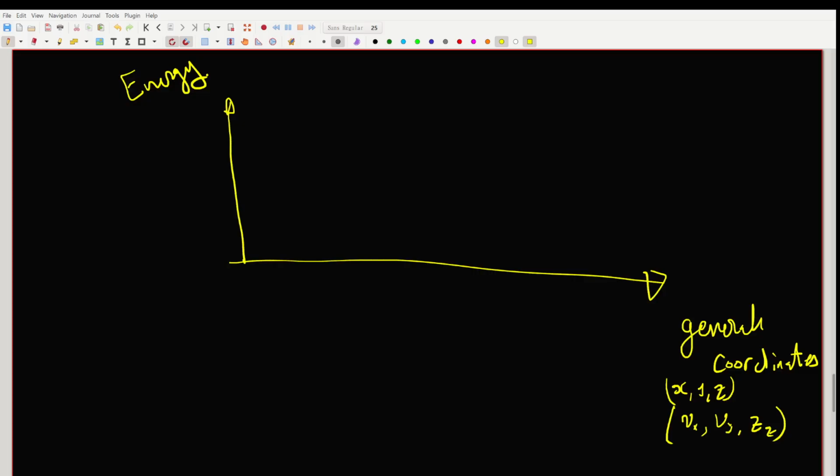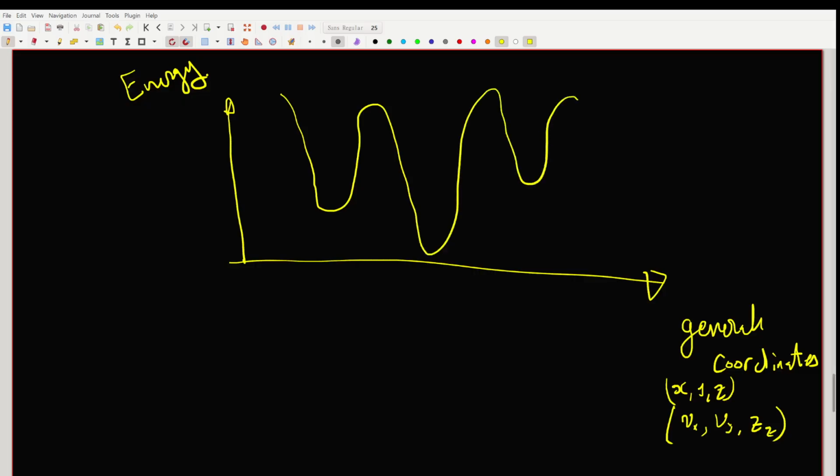I'm drawing this in one dimension, but it's a multi-dimensional landscape. Just to simplify the idea, you could have something that looks like this. Of course, there could be other details, but this is enough for the quick discussion we are doing now, where you have a global minimum.